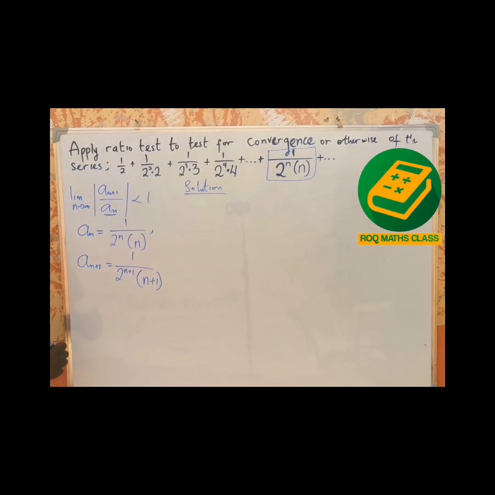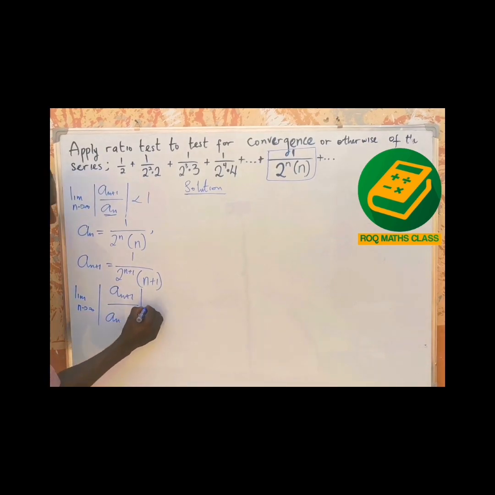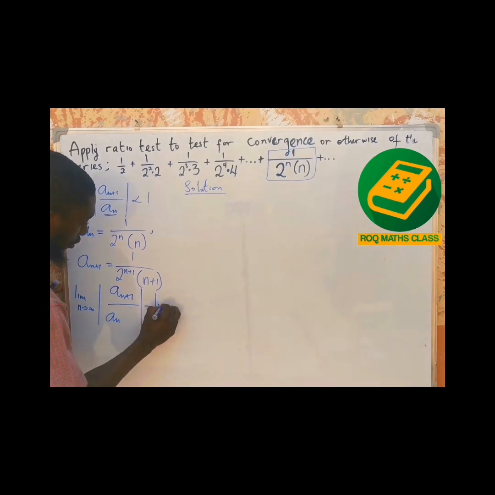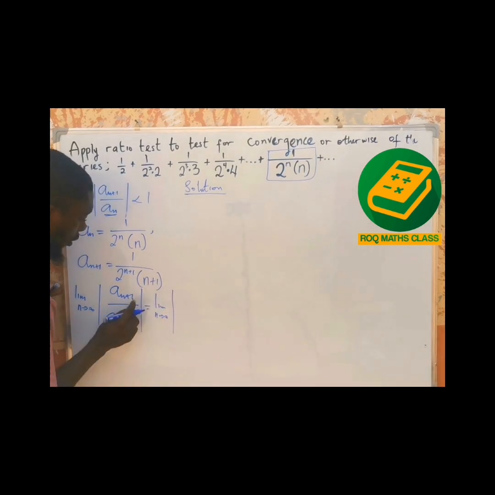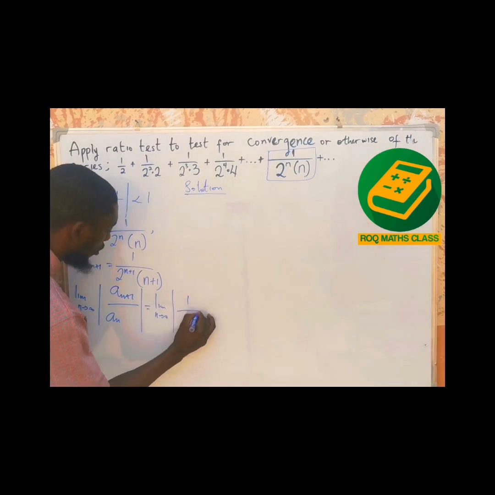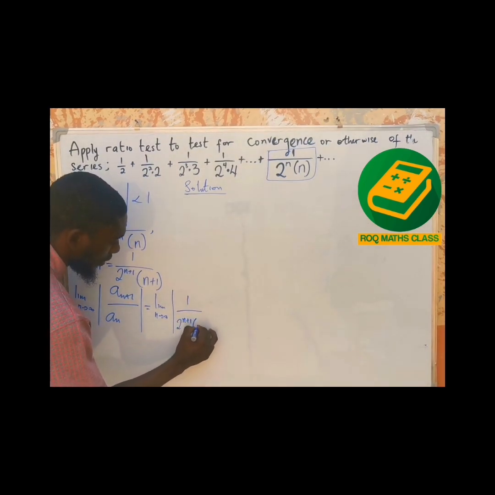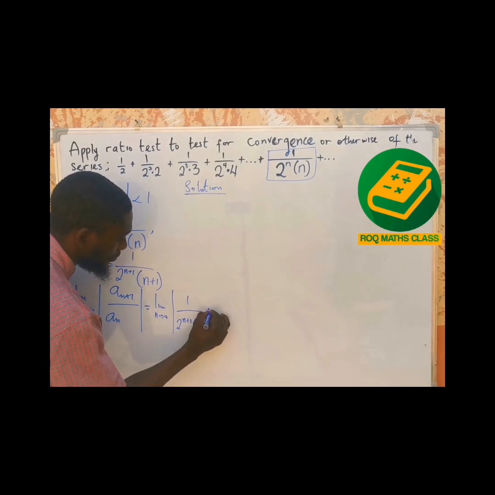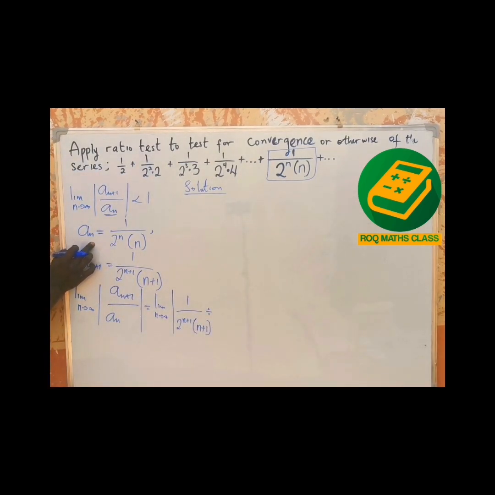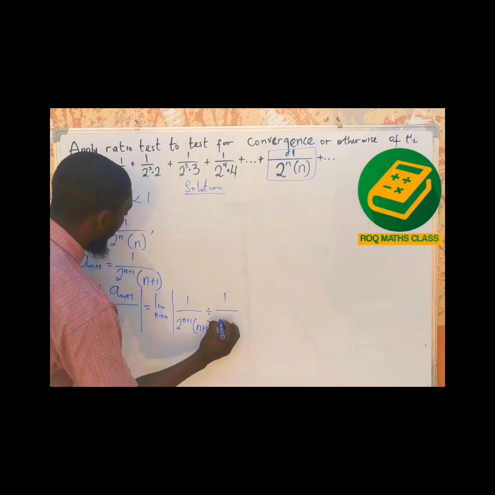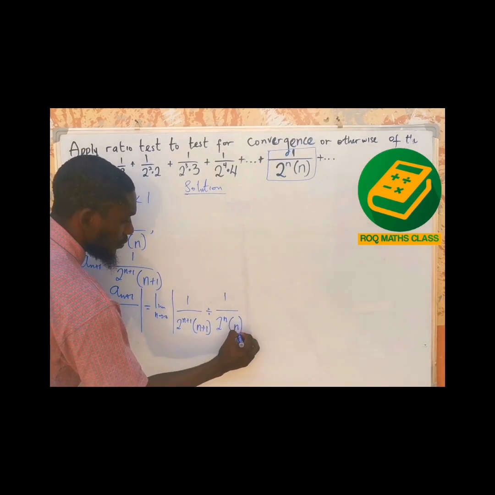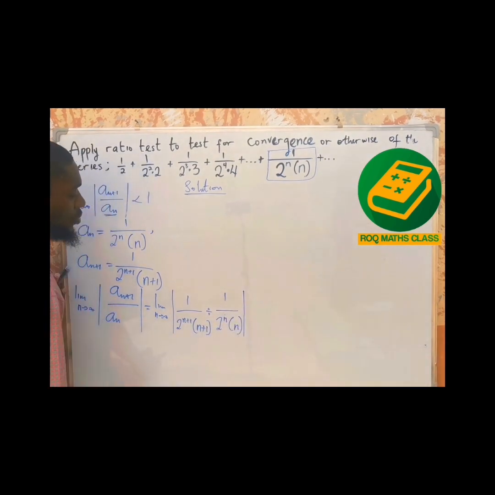Now, let's put everything into this formula, which is the limit as n approaches infinity of |a_(n+1) over a_n|. This is the same thing as the limit as n approaches infinity. a_(n+1) is 1 over 2 to the power of n plus 1 times n plus 1, then divided by a_n. Our a_n is given as 1 over 2 raised to the power of n times n, the absolute.